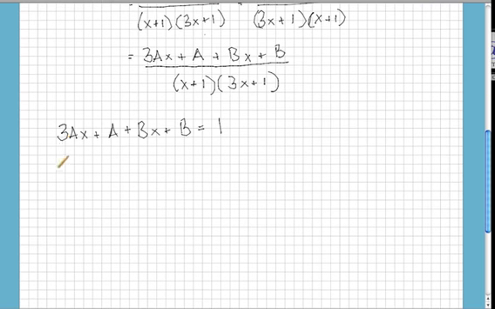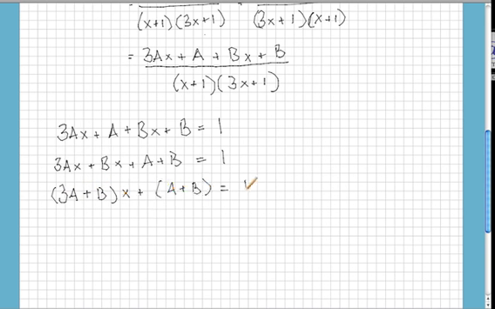Now we're going to group like terms, and by like terms I mean x's and not x's. So 3a times x plus bx plus a plus b is equal to 1. Let's go ahead and factor out an x, and we'll get 3a plus b times x plus a plus b is equal to 1.